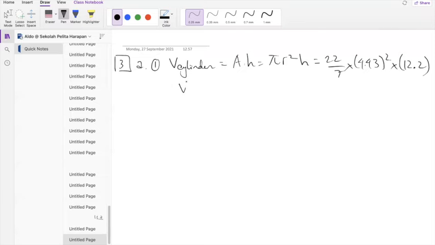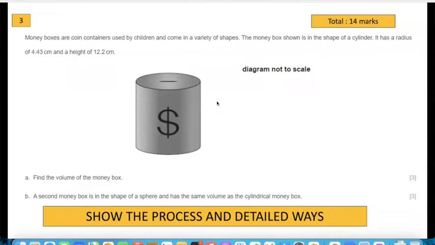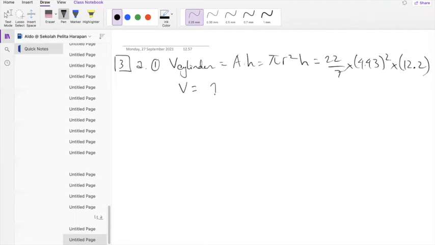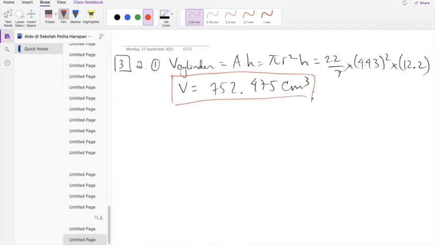And then total is basically 752.47. Okay, this is the answer here. And then we move to B.